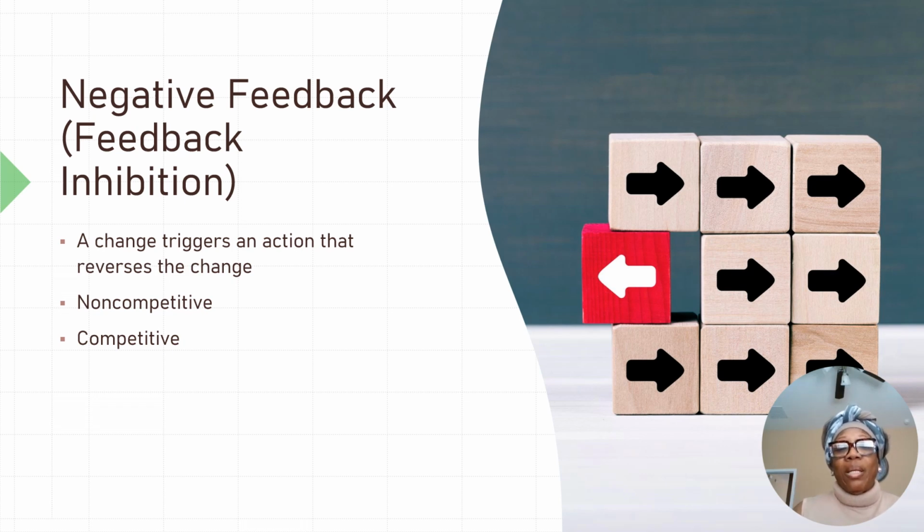Now, enzymatic activity can also be what's called non-competitive or competitive. When we speak of non-competitive and competitive, what are we competing for? We're competing for that active site that's located on the enzyme where the substrate will bind.